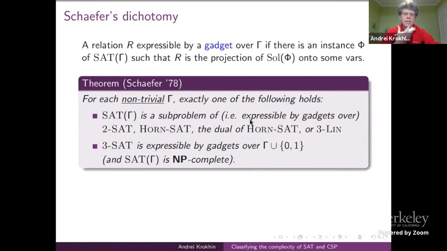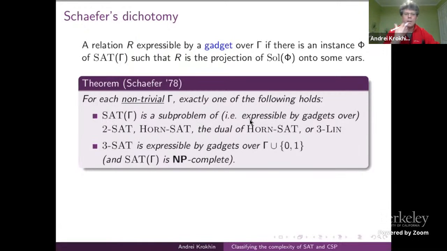And when I say sub-problem, more exactly, this means that every relation in gamma can be expressed by a gadget over the corresponding problem. So for 2-SAT, that would be every relation in gamma can be expressed as a conjunction of 2 clauses, possibly with some variables projected out. So this is one case.